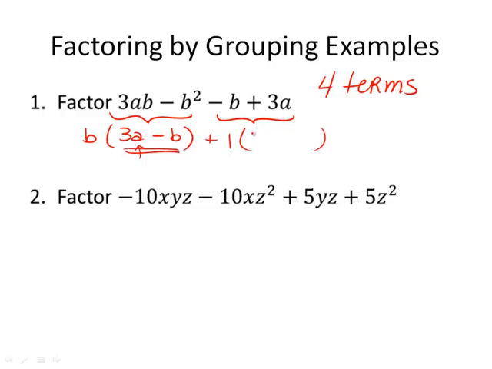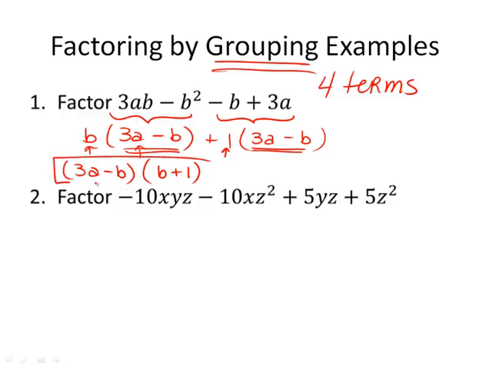So maybe let's rearrange these so that it says positive 3a minus b. All I've done is rearrange them. So do I need to change the signs with a negative greatest common factor? No, we don't, because this is the same. So notice when you're doing grouping, you really want the same bracket so that you can take it out as a common factor and look at what's left to complete your question.